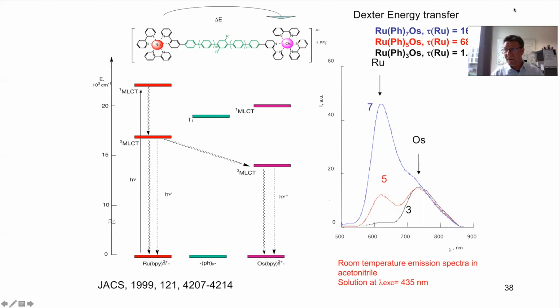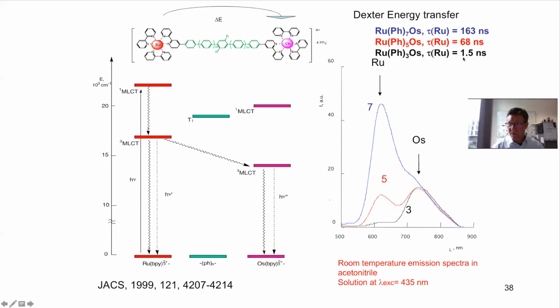And here you see, of course, the rate. So it goes from 1.5 nanosecond transfer time to 68 to 163. And 163 is close to the lifetime of the ruthenium system itself. So for 7, you only see the emission of the MLCT state of the ruthenium, this one here. And so then the transfer has become less efficient.